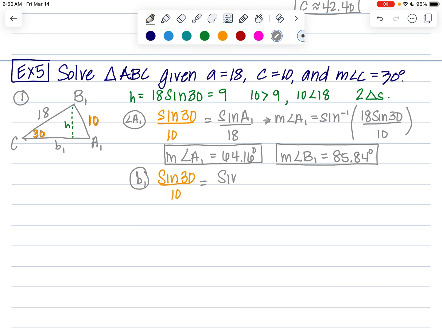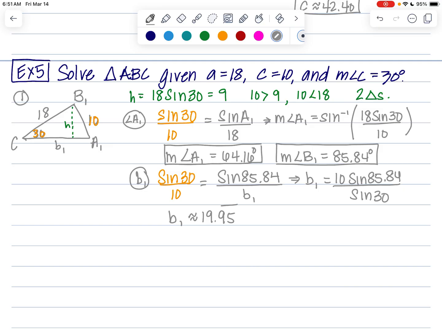So the sine of 85.84, and then divided by B1. You're going to cross multiply, so B1 is going to be equal to 10 times the sine of 85.84, all divided by the sine of 30 when you get there. So that means side B1 is going to be about 19.95. Awesome. Found everything we needed. Lovely. Great. I'm here for it.